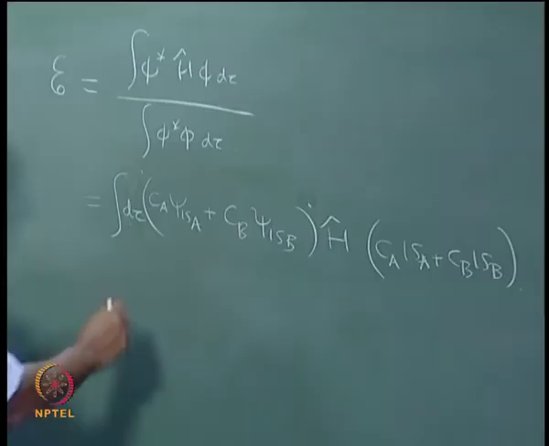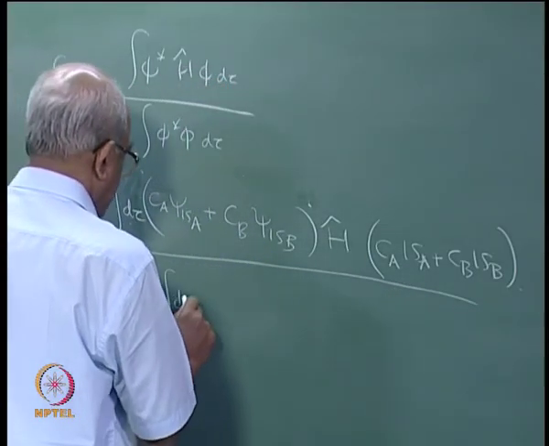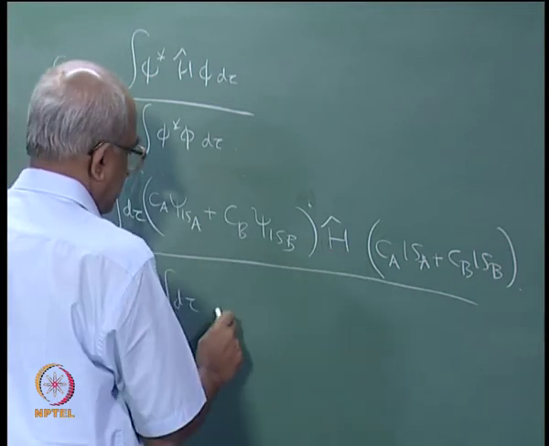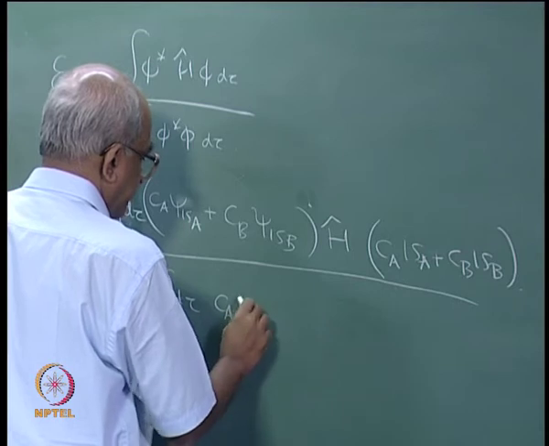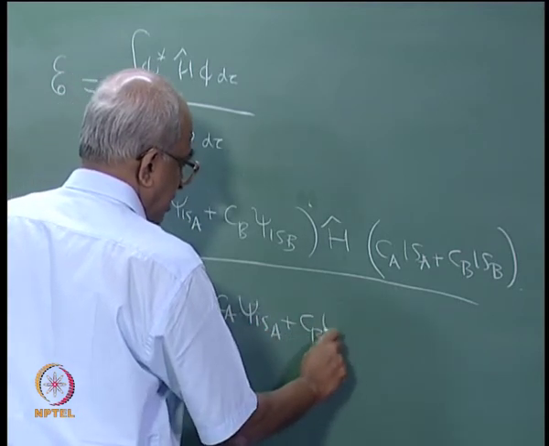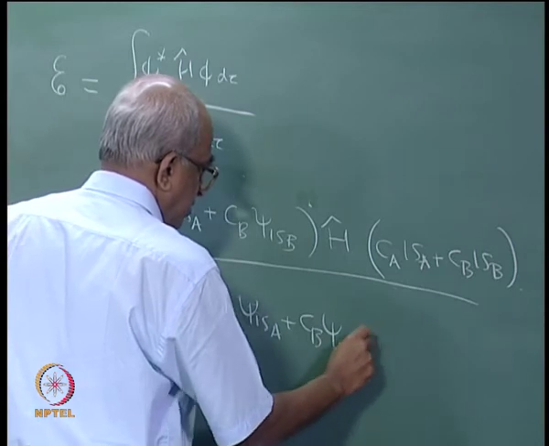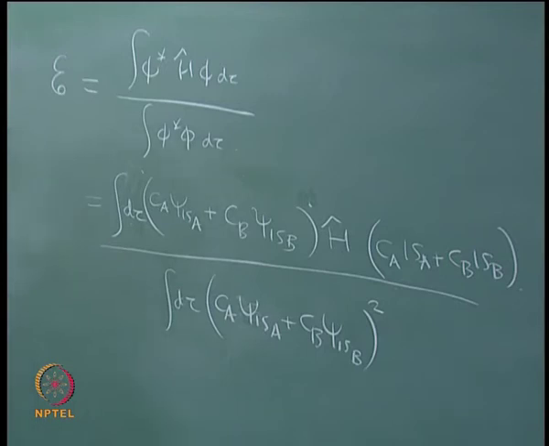and in the denominator you have exactly the same kind of expression, but for the fact that this h is missing. So, what will happen is that you will have Ca psi 1s a plus Cb psi 1s b the whole square, because h is not there.